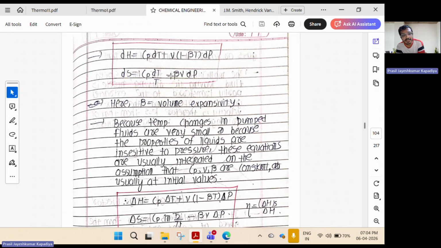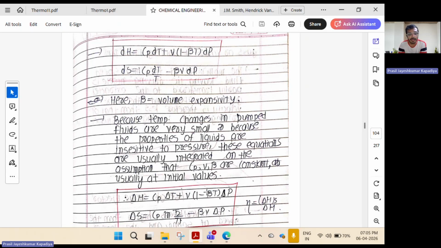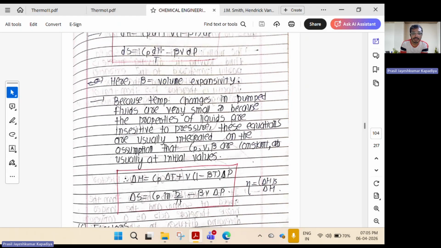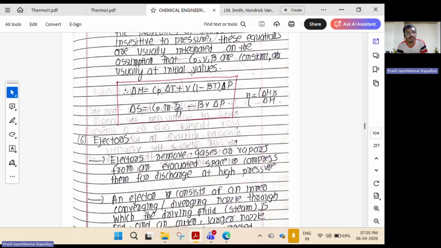So we don't need to integrate over pressure, because these properties, the volume and beta, don't change significantly with pressure. We are left with delta H equal to Cp delta T plus V(1 minus beta T) delta P, and delta S equal to Cp ln(T2 by T1) minus beta V delta P. Correct?